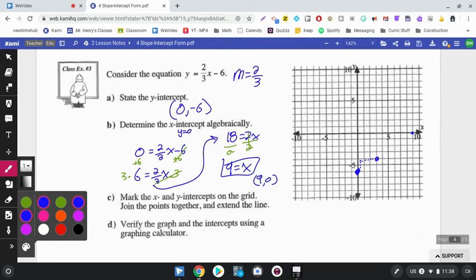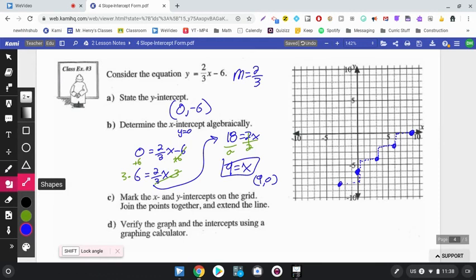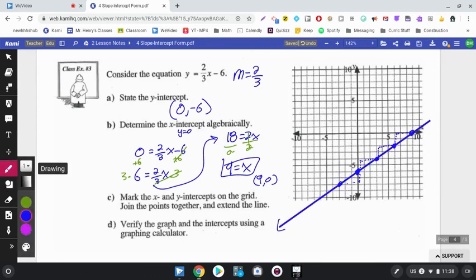There's my next point. Rise 2, run 3. Up 2 over 3. And one more time. Oh, would you look at that? Right to my x-intercept. I could have gone the other way, down 2, back 3, but it's ultimately the same thing. Connect my straight line, put some arrows on it, and I'm good to go.